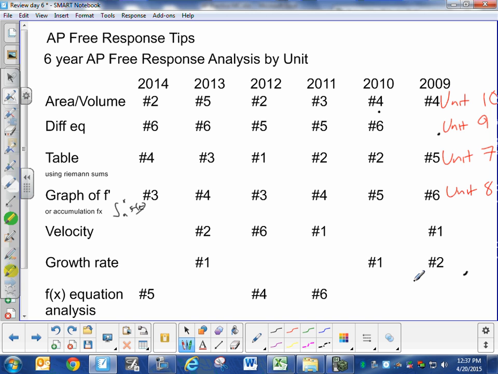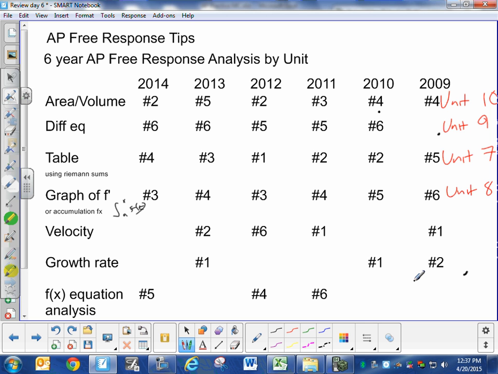What I found, and we are starting at 2013, but I added 2014 to the left of it, is that if you look at 2013 number 5, that's an area/volume problem. Area between curves, spun around an axis, volumes of known cross-section.